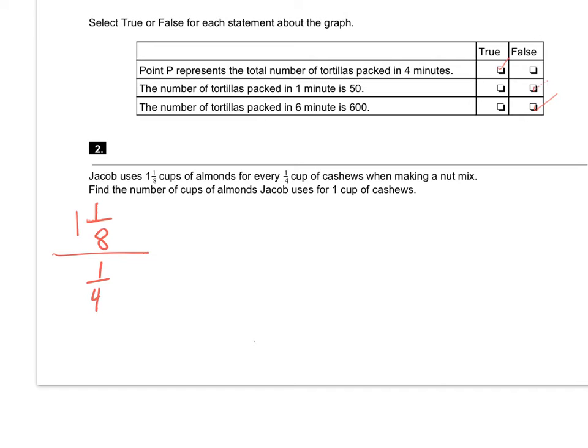We know that almonds is on top, cashews is at the bottom. Now to be able to divide this, we need to change the numerator into an improper fraction, which gives you 9/8, and that is going to be divided by 1/4.